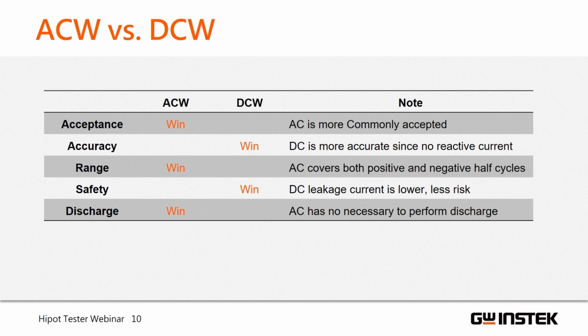DC mode is better for accuracy since it displays pure resistive current, which is ideal for monitoring. AC mode is better for range as it uses both polarities, whereas DC mode is safer because of the lower current during testing. Additionally, AC mode is better for discharge since it does not require it. The chart provides an overview of the main differences between AC and DC test modes.